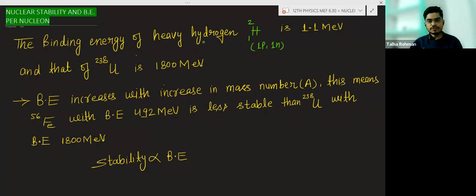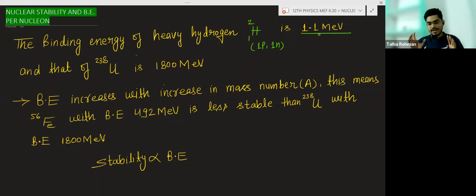The binding energy of heavy hydrogen. Heavy hydrogen is this: atomic number 1, mass number 2. In this there is 1 proton and 1 neutron. So the binding energy of heavy hydrogen is 1.1 mega electron volt.